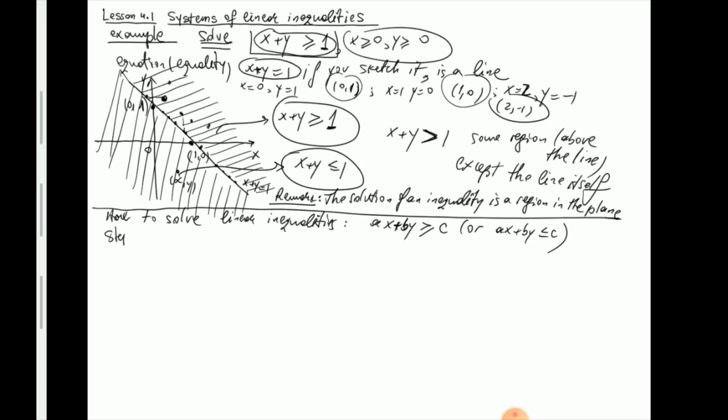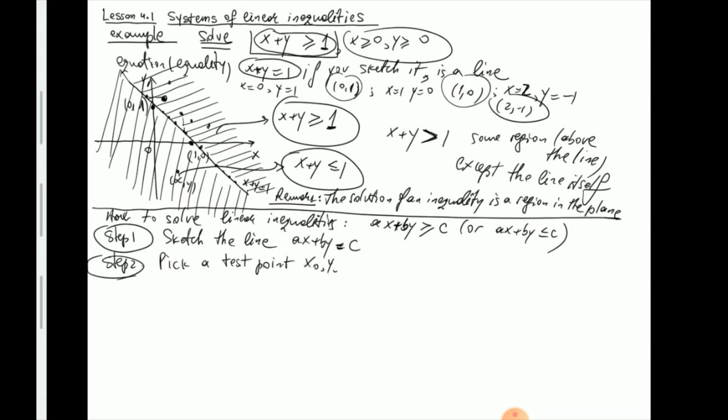So in the first step, you're going to sketch the line ax plus by equals c. So you temporarily replace the inequality sign with equality, and you sketch the corresponding line ax plus by equals c. Step number 2, pick a test point, let's call it (x0, y0), on one of the sides of this line.